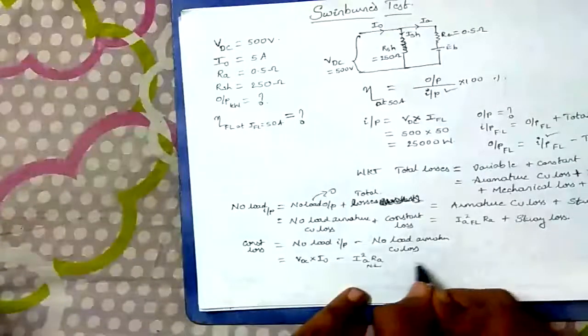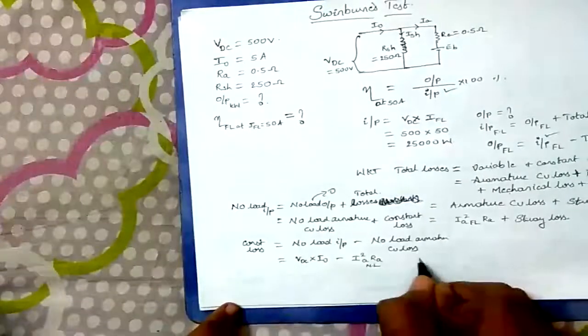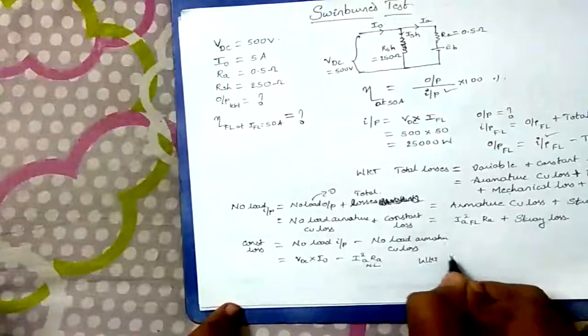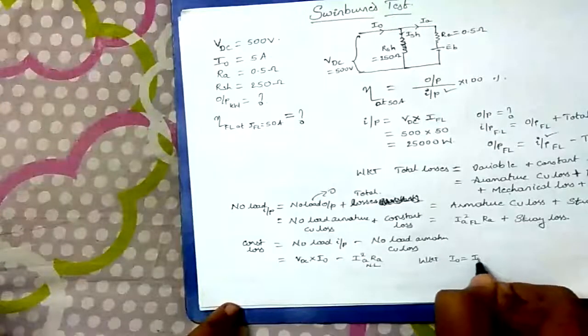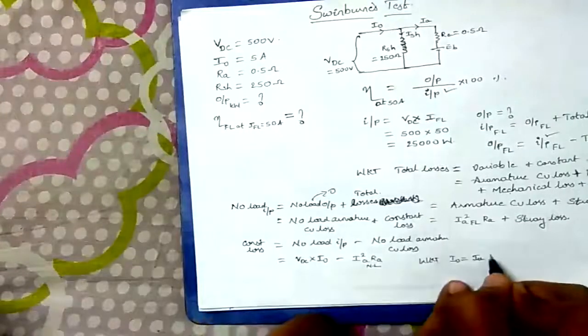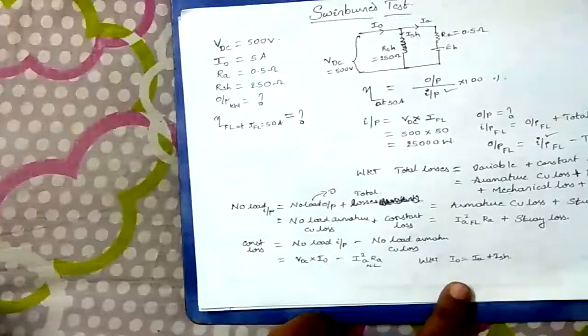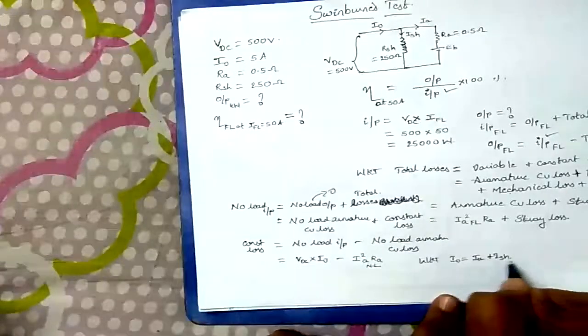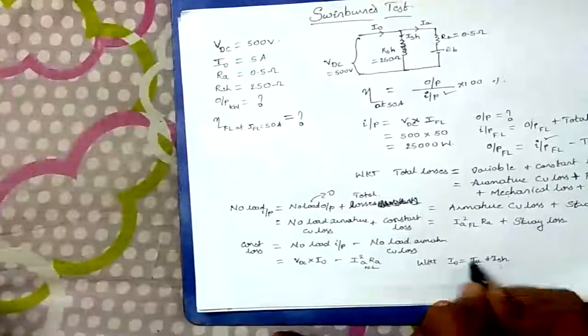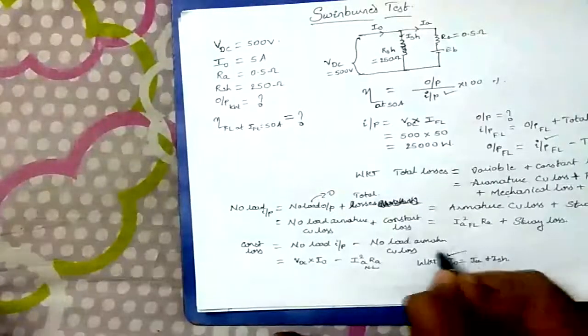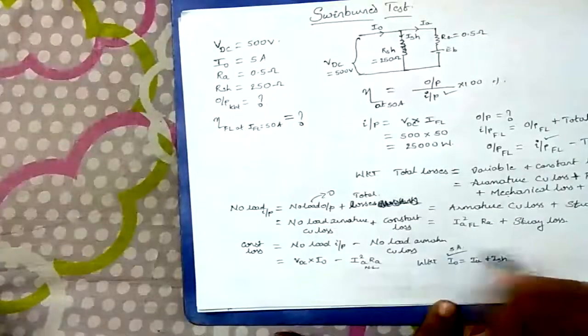And how to calculate IA at no load? Very simple. We know that I naught is equal to IA plus ISH. I naught is 5 ampere, which is given in the data.